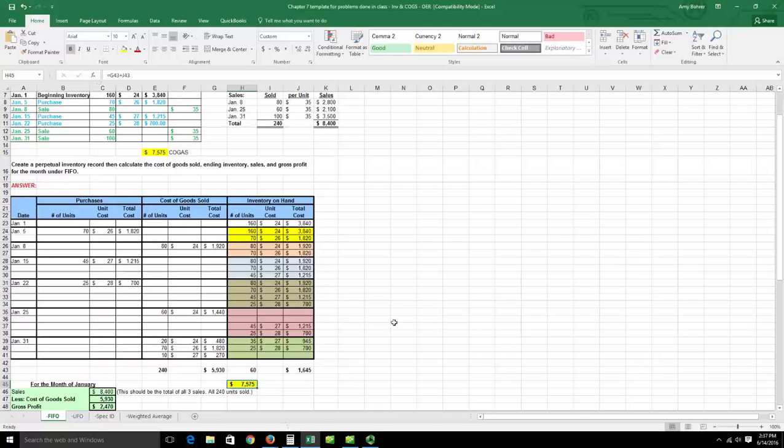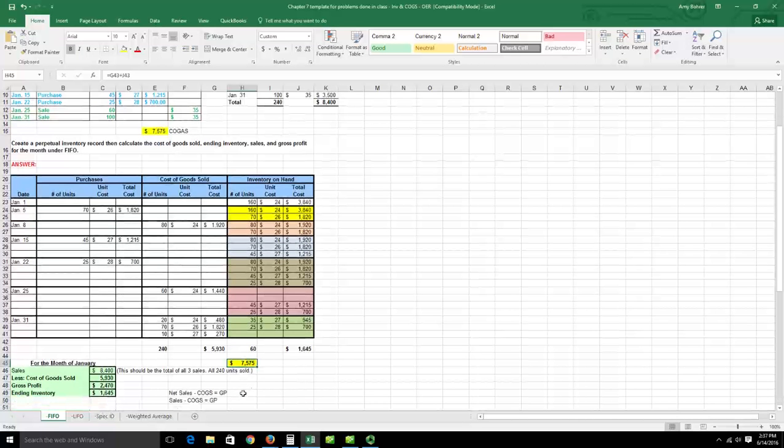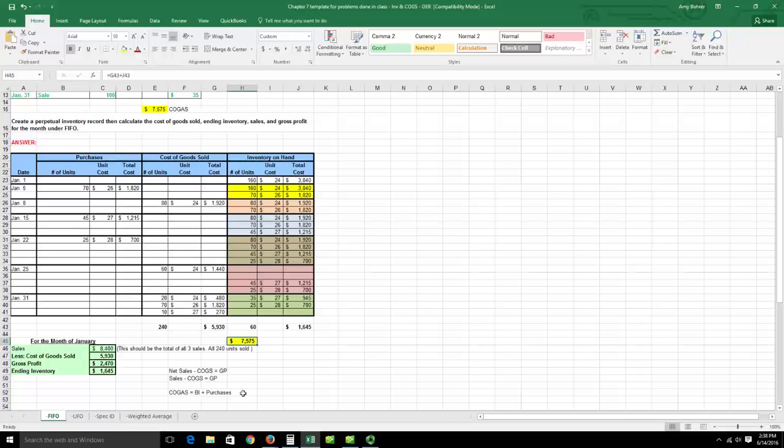So that's a good double check for you. $7,575 was my cost of goods available for sale at the beginning. And then when I add my total cost of goods sold and my inventory on hand at the end, it comes back and it agrees. So again, if you're doing this for an exam or a quiz and you don't have that double check of the math giving you the check marks, it's a good way to double check yourself.